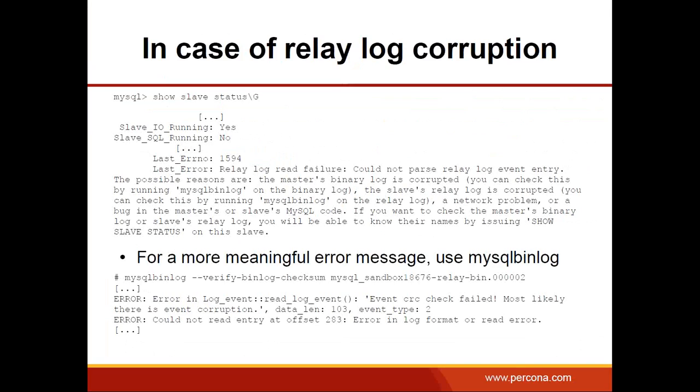The thing that is a bit disappointing is that the error message is not very clear. At least it's very verbose. It says you have an error, but it can be because the master's binary log is corrupted, the relay log is corrupted, this may be a network problem, etc. So this is not very specific.